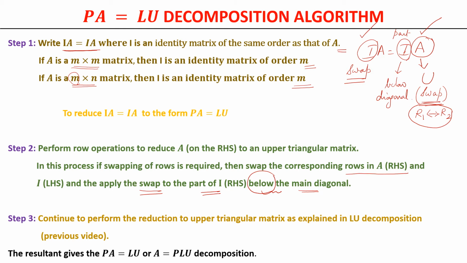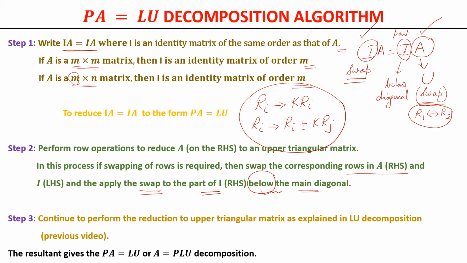So once I reduce it, when I'm swapping, these are the conditions. Otherwise, when I use the other row operations, like multiplying a row by a non-zero value and changing Ri as Ri plus or minus k times Rj, these are the ones which we have already used in LU decomposition. That will continue to be the same.